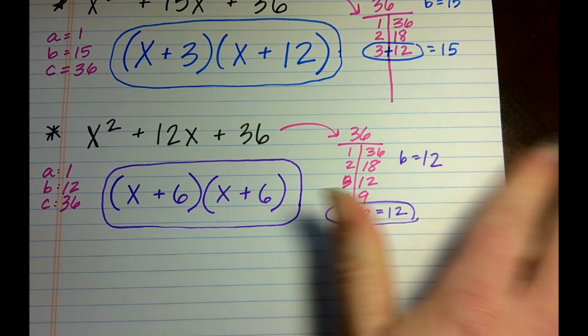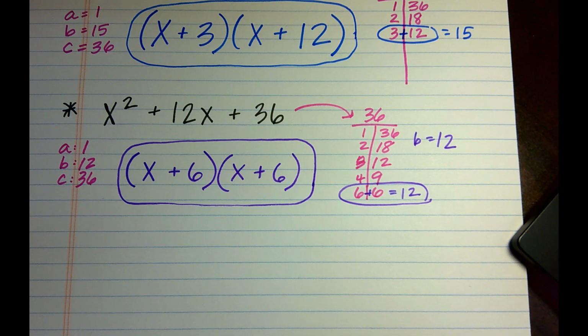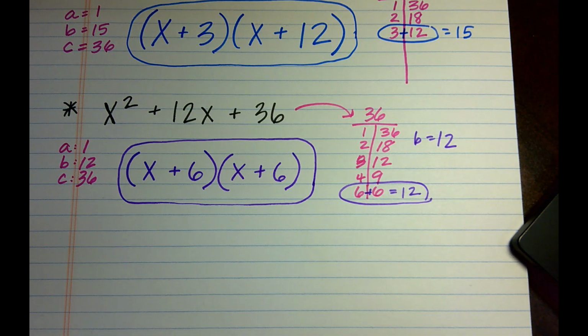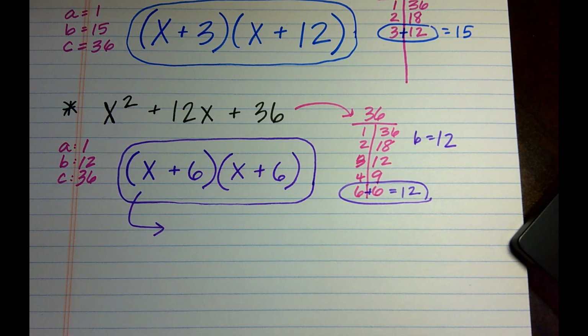I am going to have lots of practice for us in the future on this, but I think I'm reading the room. We're tired. We've done a lot. Yes. You put it in X plus 6 squared. Oh my gosh. I didn't even think of that. You're very smart. Okay. Something else you can do: anytime you multiply something by itself, you're squaring it. X times X is X squared.